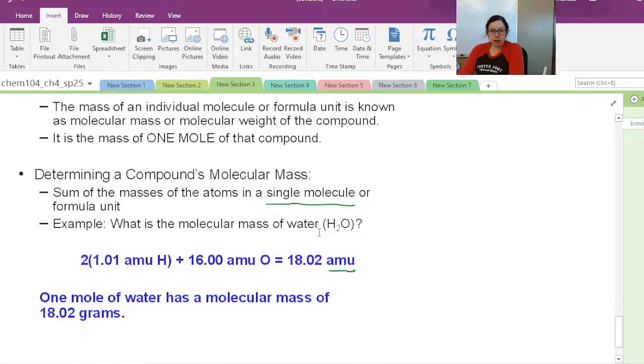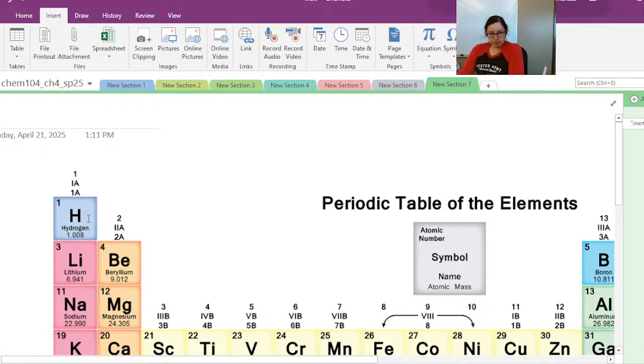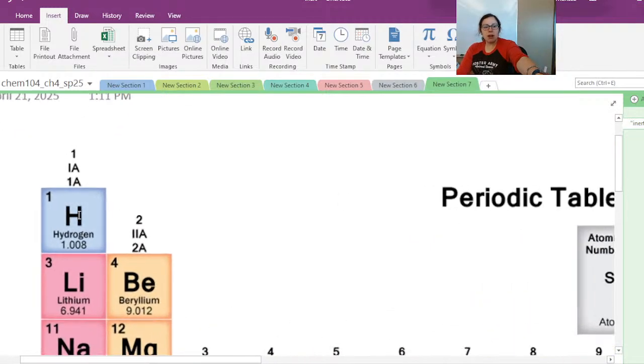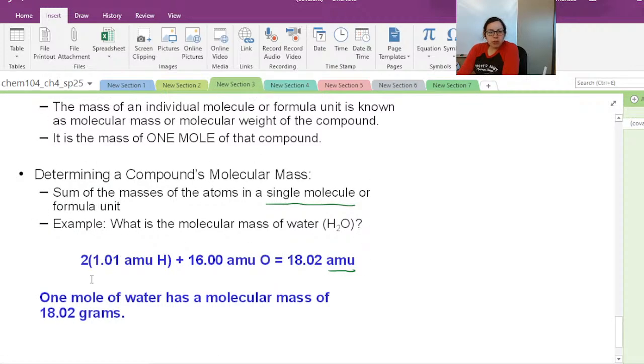Of course, water, again, just get the numbers from the periodic table. And then yes, there can be small discrepancies. I don't mind, we'll have slightly different answers with rounding. So this one reports it to 1.008 for the mass of hydrogen. Some people will just round to 1. This one rounded to 1.01. So again, slight variations.